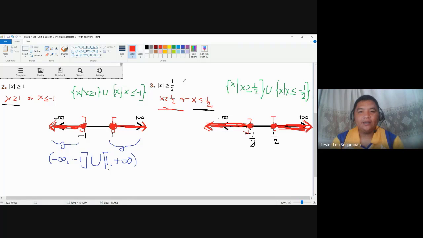And then finally, for our last interval notation, these two regions combined by union. We have open of -infinity, -1 half, but you close it. Here you have a close, +1 half, positive infinity, and infinity is always open.